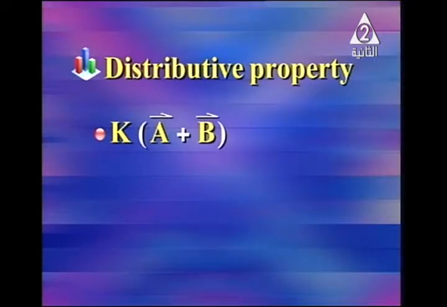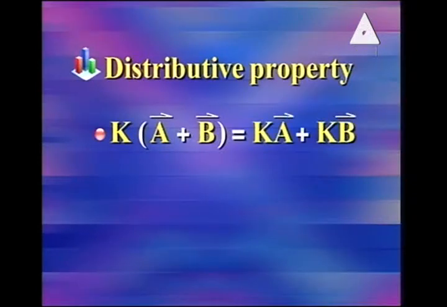When we multiply real number K by the sum of two vectors, we distribute: K multiply A plus K multiply B. Dear student, if we add these two vectors, after that multiply K by the sum, we distribute K multiply A vector plus K multiply B vector.